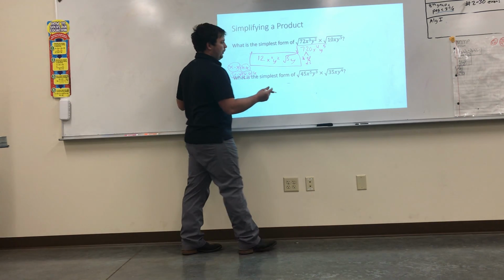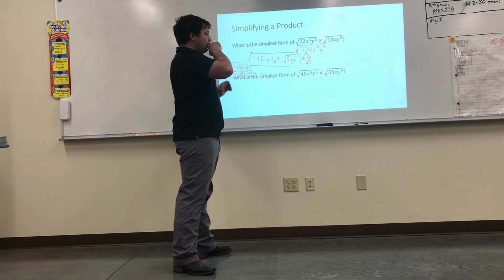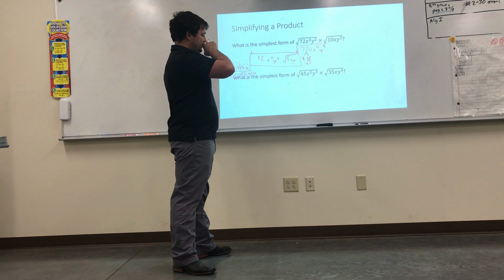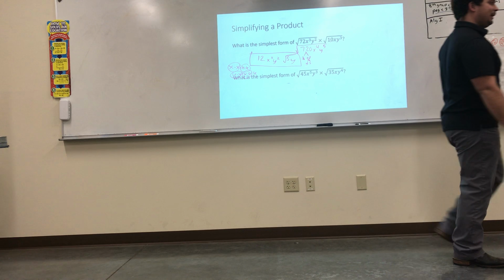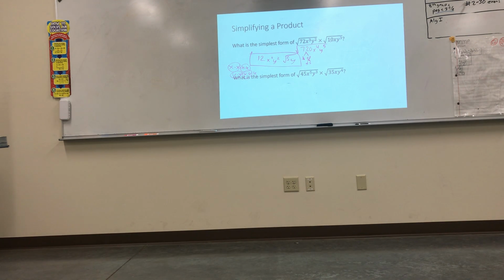What is the simplest form of this? This one's a little bit more difficult. I'd probably multiply it together again. Why? I don't know. I like the challenge, I guess.